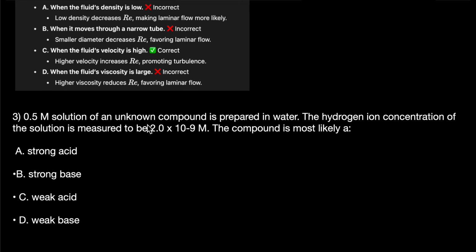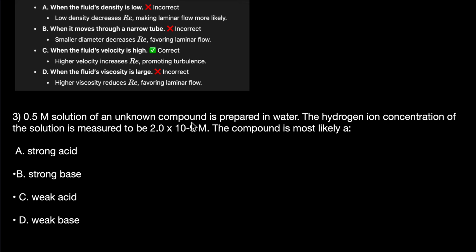A 0.5 molar solution of an unknown compound is prepared in water. The hydrogen ion concentration of the solution is measured to be 2 times 10 to the power of negative 9. The compound is most likely A. So you know that in order to answer this question, we need to have the pH. Let me give you a shortcut to calculate the pH.